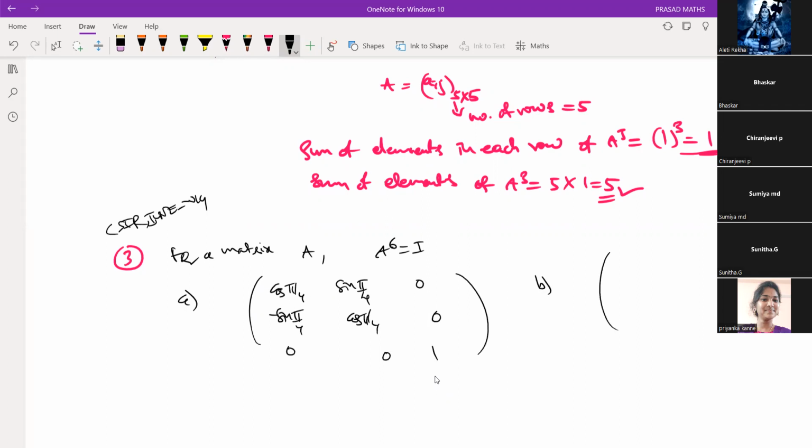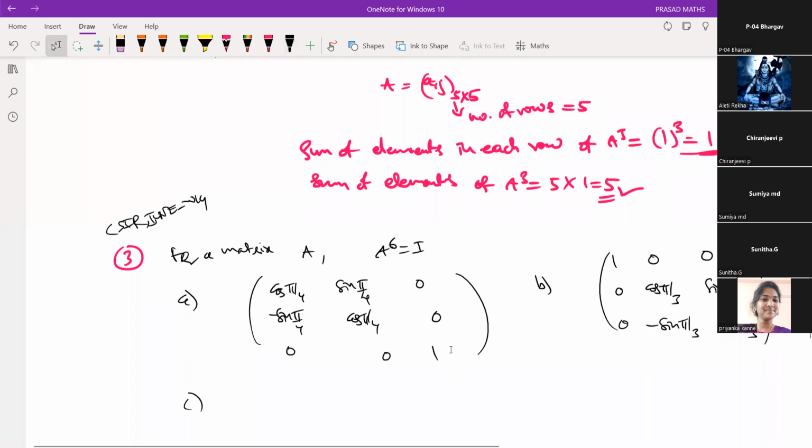B is 1, 0, 0; 0, cos pi by 3, sin pi by 3; 0, minus sin pi by 3, cos pi by 3.